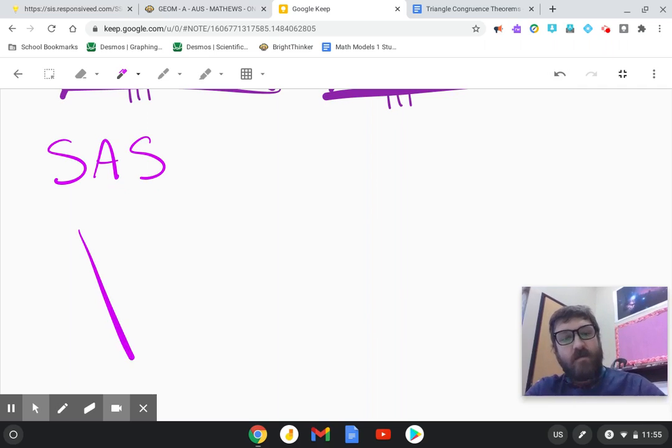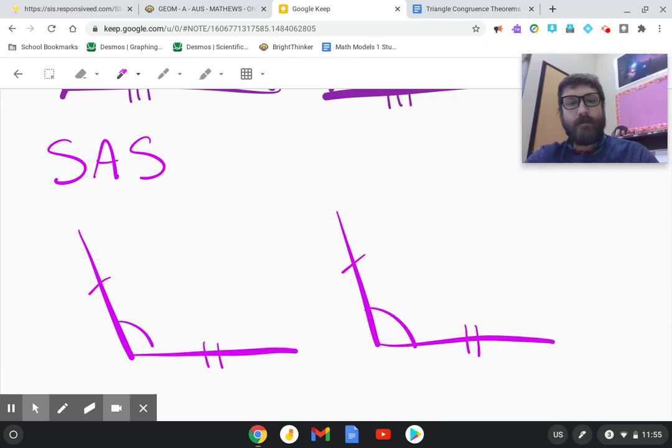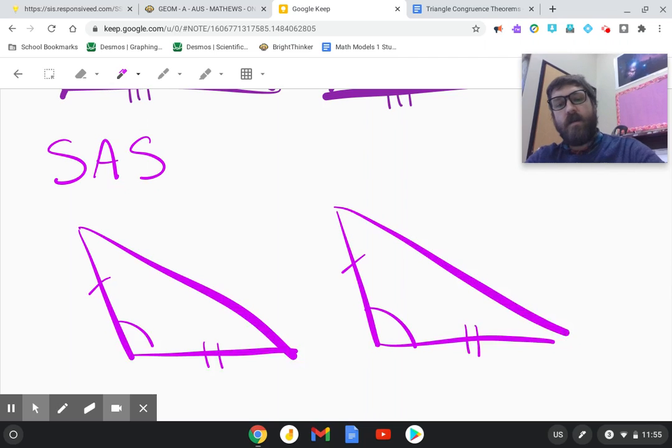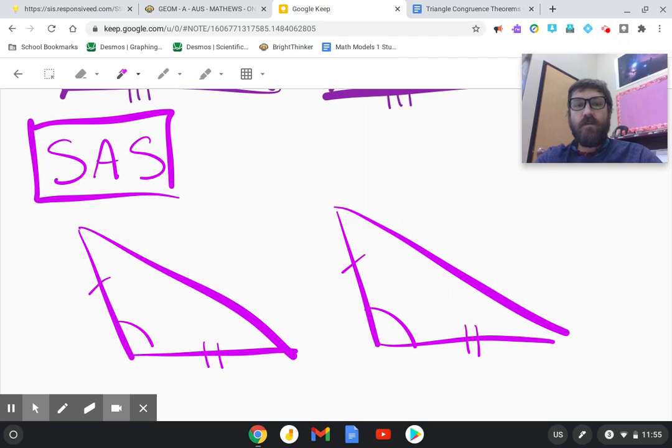But if I have a triangle where the side, the angle, and the side are the same, then there's only one possible triangle that could be made out of those three. And so side, angle, side is another of the triangle congruence theorems.